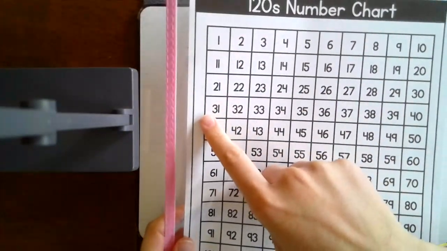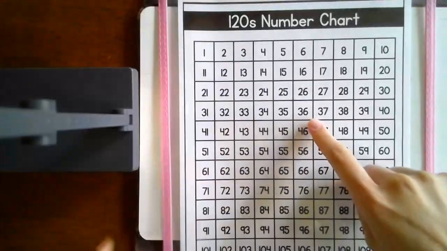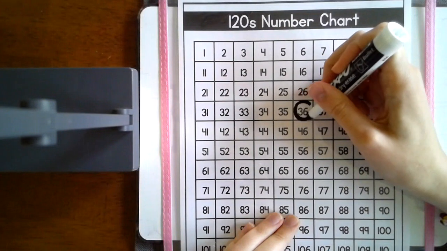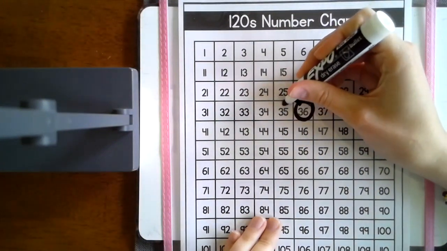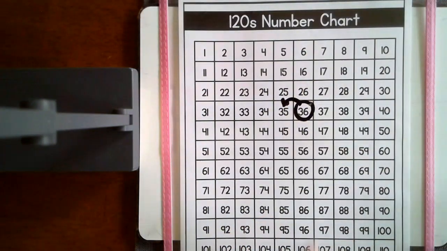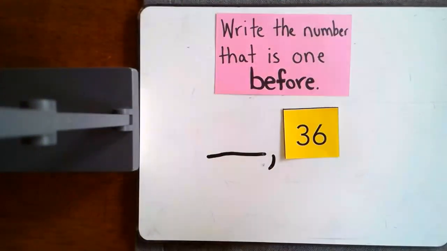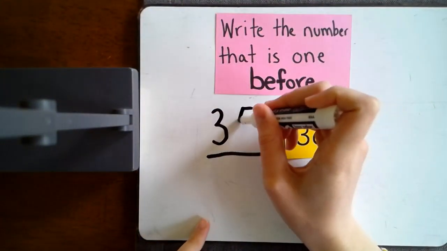I'm going to go to the row that has the 30s in it. I'm going to find 36. And I'm going to look 1 before it. 1 before 36 is 35. So I know 1 before 36 is 35.